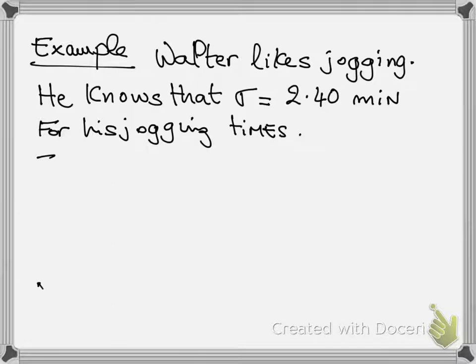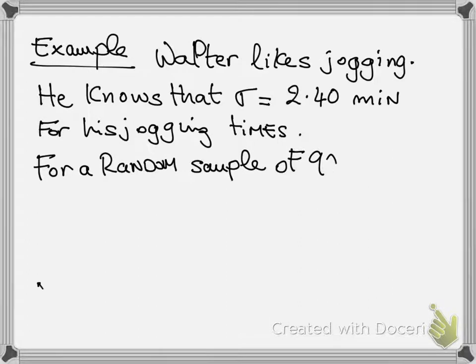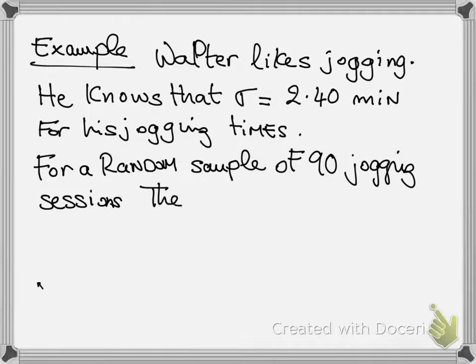For this random sample of 90 jogging sessions, the mean time, so X bar, is equal to 22.50 minutes.